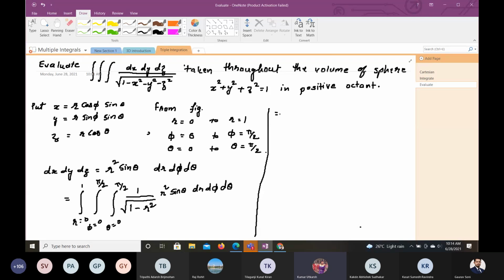Put r equal to... I want the smartest way to solve this integration. Take r common, r square common.